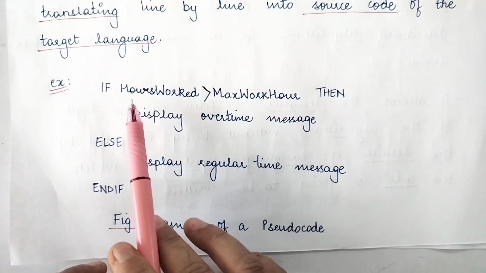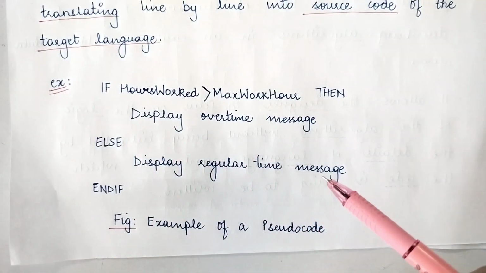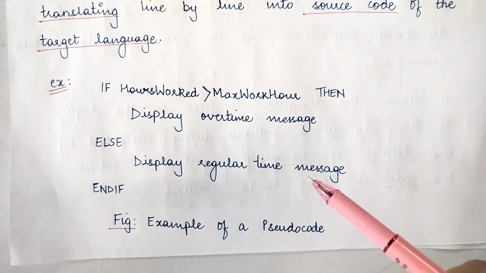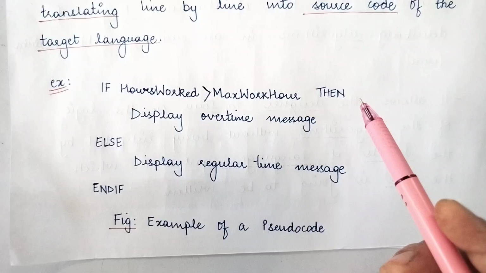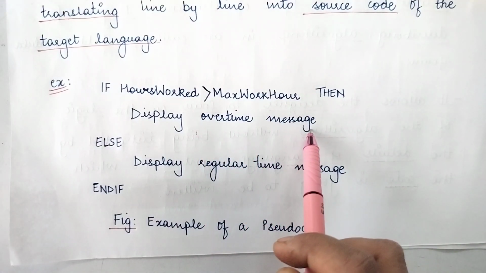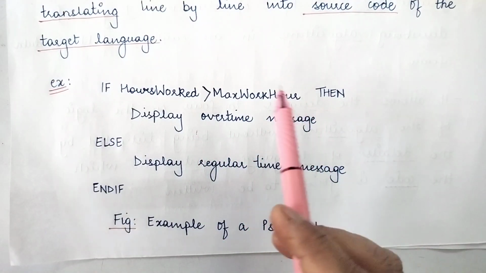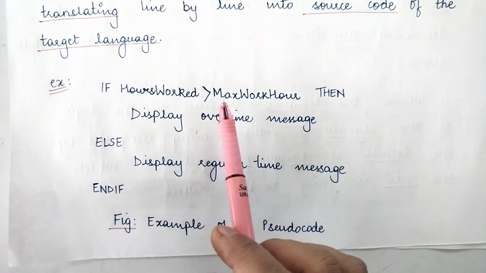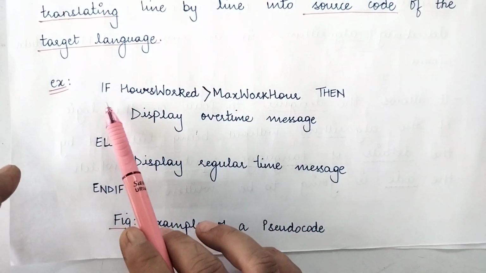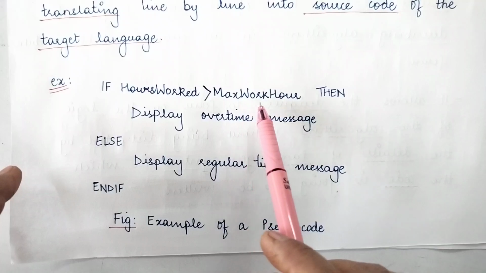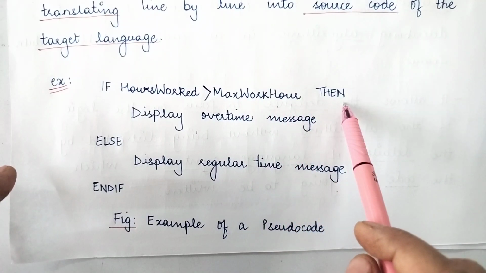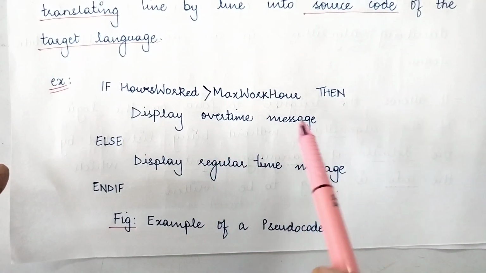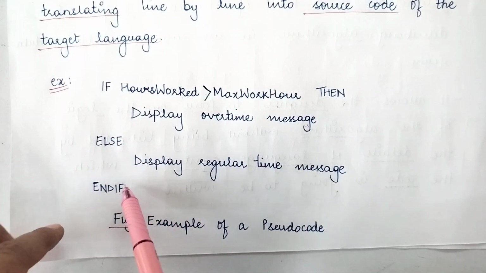For example, you want to make a program wherein if the maximum working hours are more than this, then you will display overtime, and if the working hours are equal or less than this, then you will display a regular time message. So, how would you write this in pseudocode? Something like this: if hours worked is greater than max work hours, then display overtime message, else display regular time message, and end if.